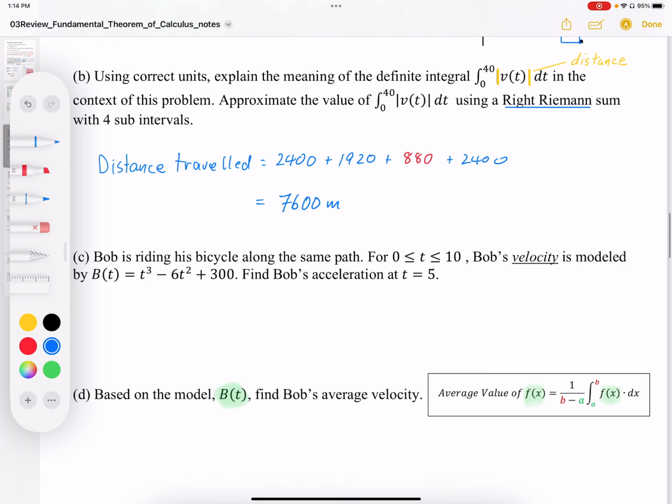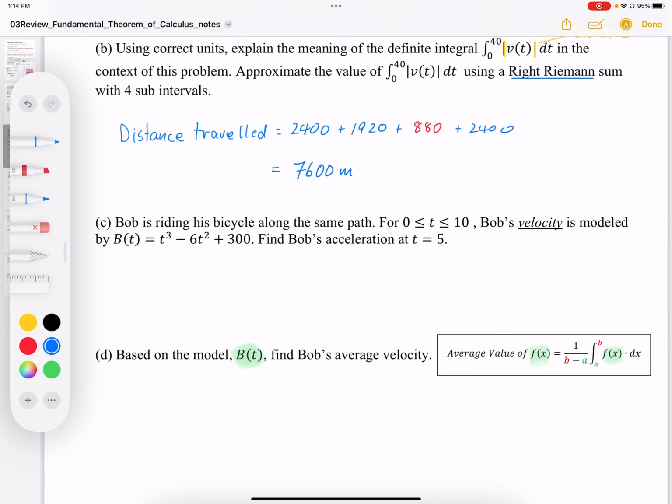In part C, it says Bob, who's riding his bicycle along the same path for 0 to 10 seconds, Bob's velocity is modeled by the b of t function, which is a cubic polynomial function, t cubed minus 6t squared plus 300. We want to find Bob's acceleration.